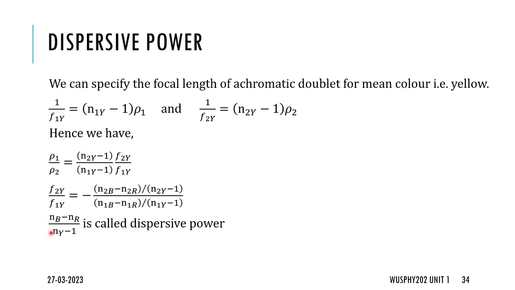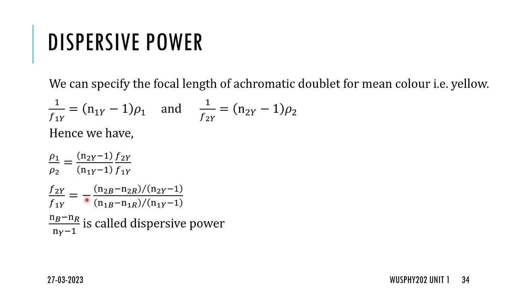For all materials, the refractive index for blue is always greater than that for red, and any refractive index is always greater than 1. So the numerator is positive, the denominator is positive, therefore dispersive power is always positive. The point is that the ratio of the focal length for yellow of the second lens to that of the first lens is negative, which indicates that one of the lenses has to be a concave lens.